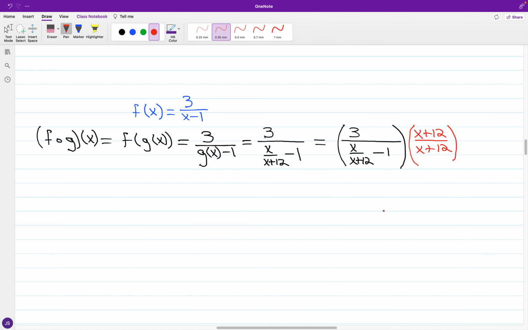And for what we have in this arrangement, with the numerator, we've got 3 times the quantity of x plus 12. I'm going to put this in red. So you've got 3 times the quantity of x plus 12.